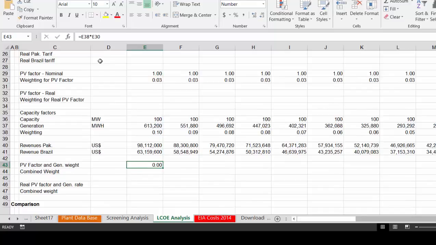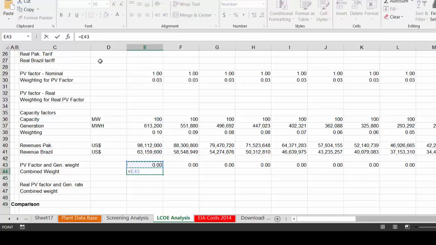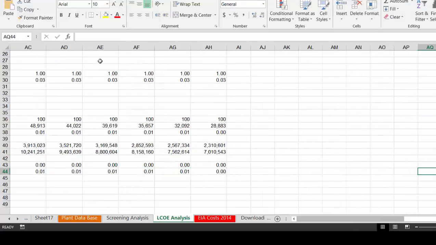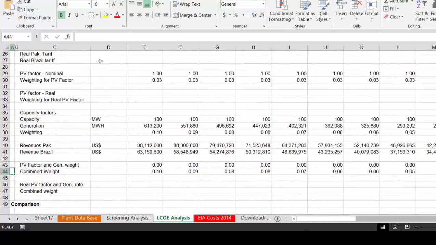Now when you do that, you get a really small number, so you have to do the same thing and divide it by the sum. Hopefully that's not all zeros. So this is giving us a 10% weight, and this is going down to a 0% weight.